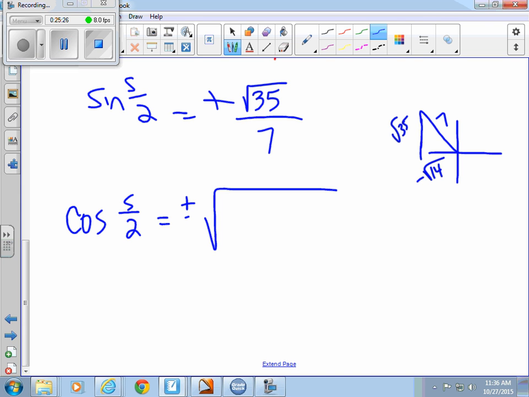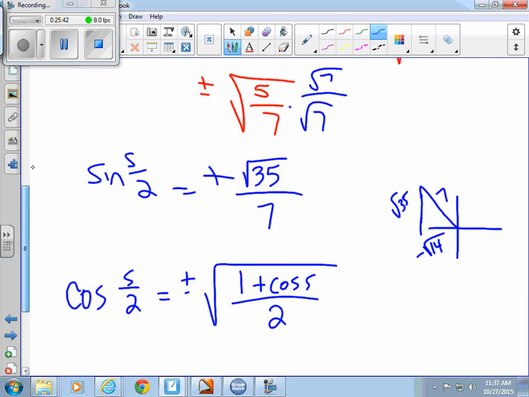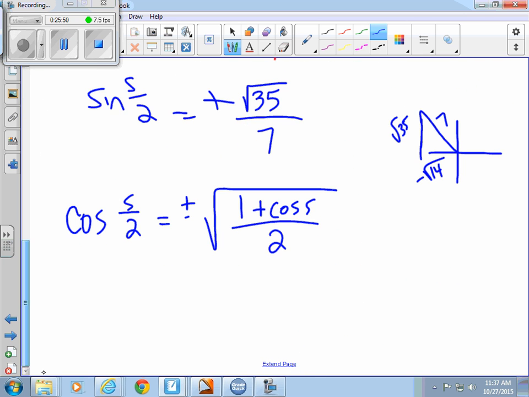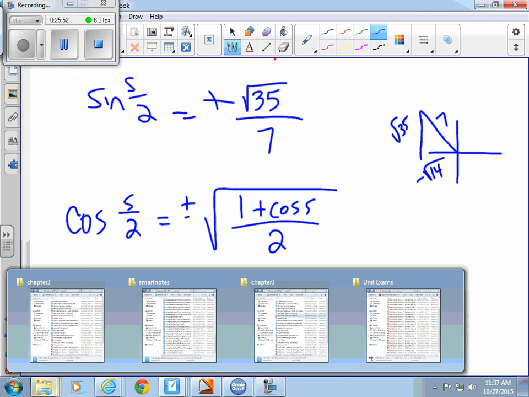Top right hand corner of your sheet. So if I want to find cosine of x over 2 and I know cosine of x, the problem gave us cosine of x was -3/7. So I'm going to plug that in right there.